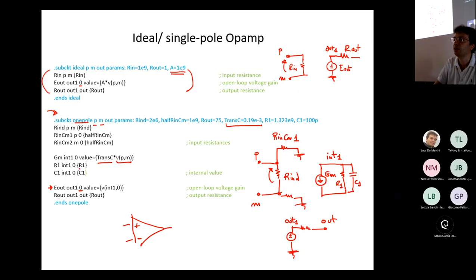Okay, so my recommendation is to start with this subcircuit. So you generate the symbol for the ideal op-amp. Then you generate a second script with the subcircuit 1 pole, described in this part.